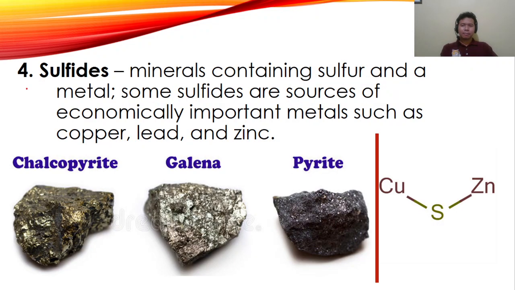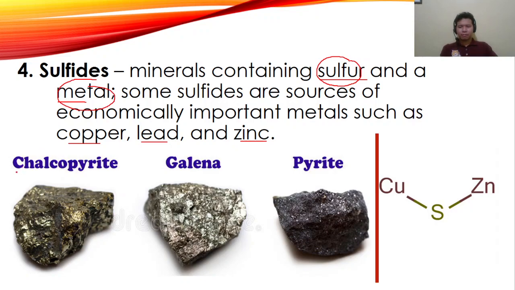Next, we have sulfides. These are minerals containing sulfur and a metal. Some sulfides are sources of economically important metals such as copper, lead, and zinc. So here we have sulfur plus another metal, giving rise to sulfides.